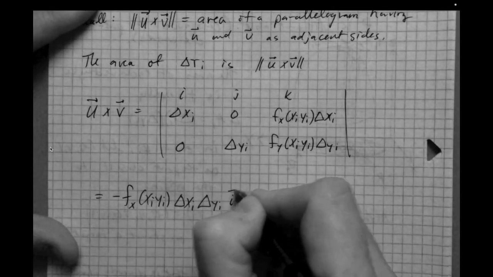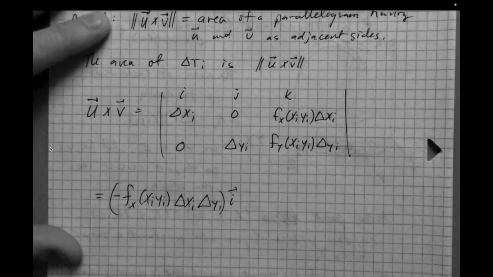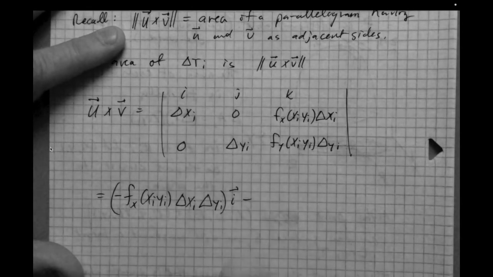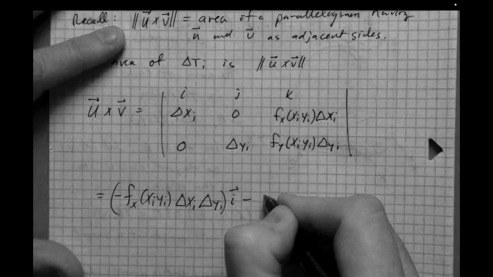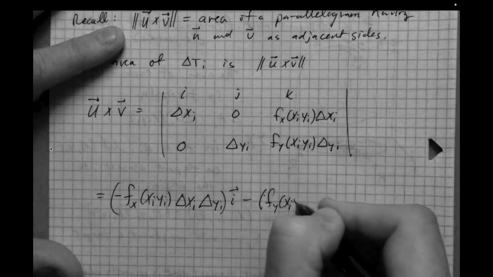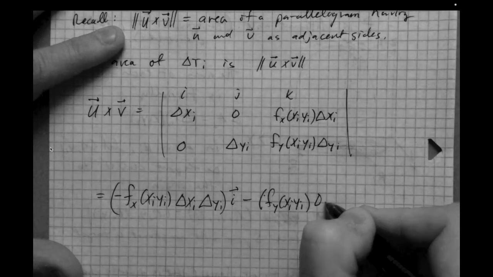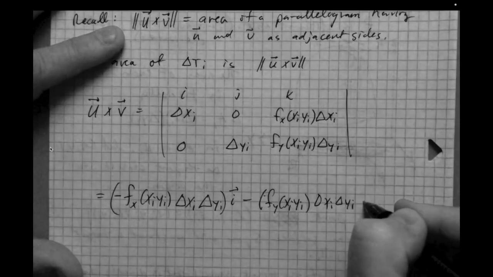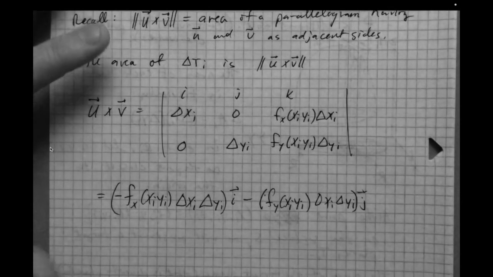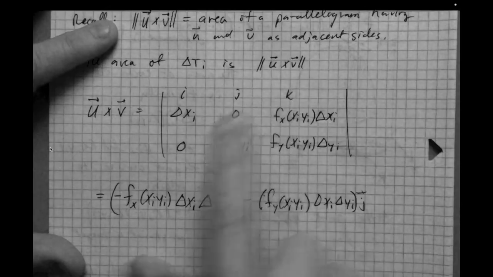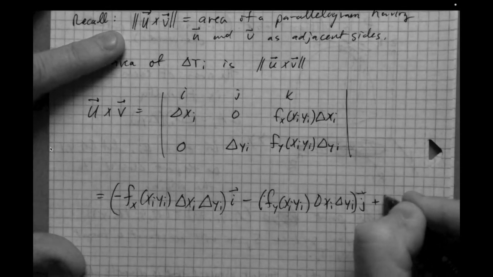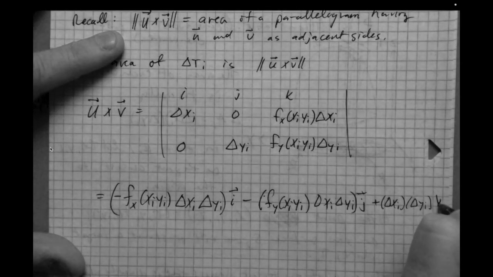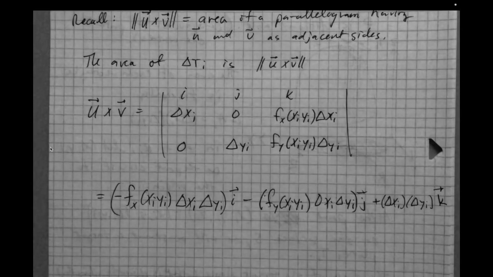That's the i component. Then minus, and we do the j component, we cross that out, and we would get minus f sub y at (xi, yi) times delta xi delta yi. That's the j component. And then the k component, we cross this out, and it's just the product of those two. So it'll be delta xi delta yi times the k vector.